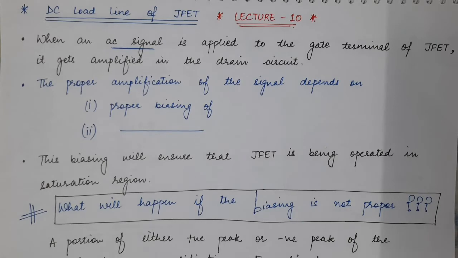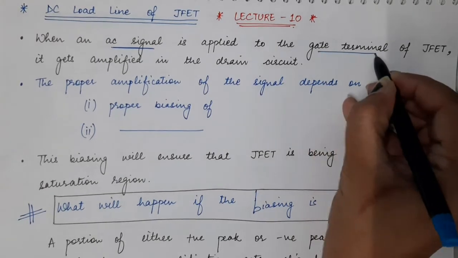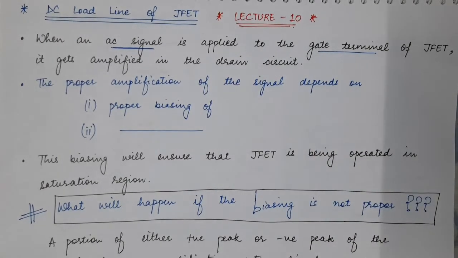So the AC signal which is to be amplified is applied to the gate terminal of the junction field effect transistor. As we are using FET as an amplifier, the signal will be amplified in the drain circuit. But to get the proper amplification, we need to ensure two things. What are those?